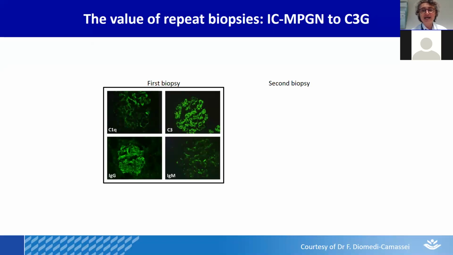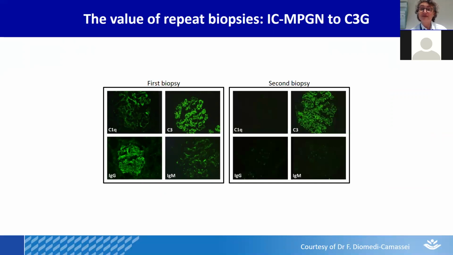So what we did was that we treated her with immunosuppression with steroids and mycophenolate, and then she maintained a little bit of proteinuria and a very severely reduced circulating C3 in her blood. So we re-biopsied her, and what we saw was that now she really had only C3 deposition. And so she clearly was not an immune complex MPGN, but a C3 glomerulopathy. But this can be seen in the same patient depending on when you perform the biopsy.